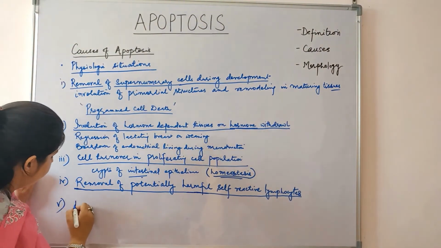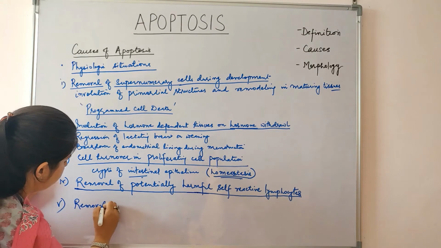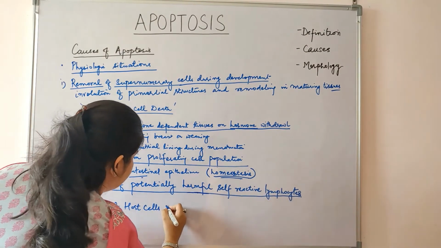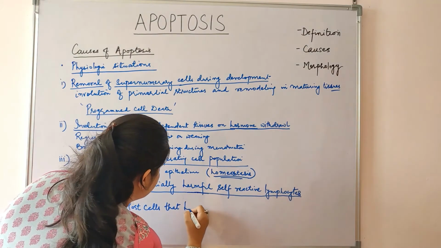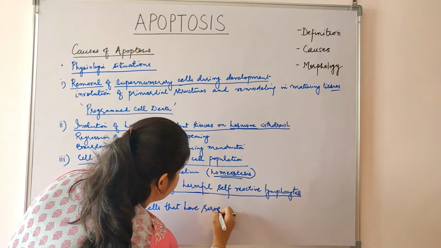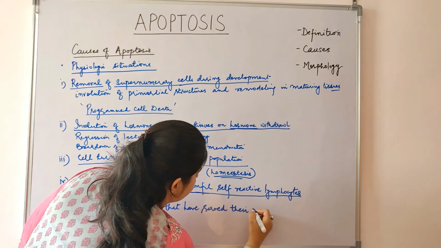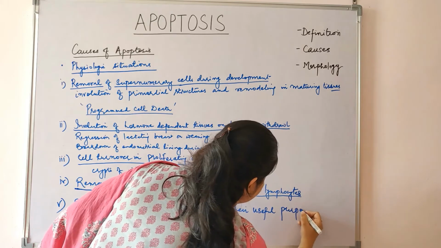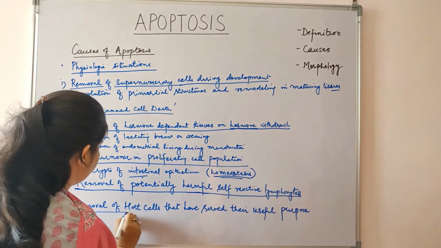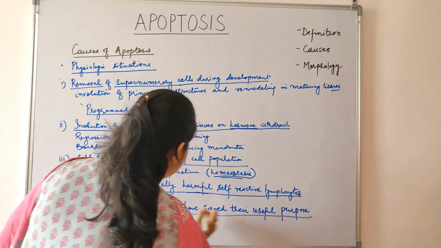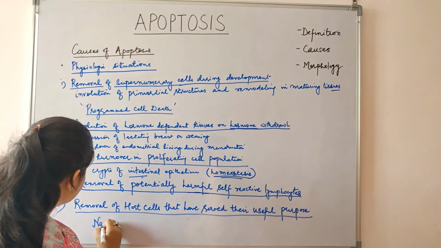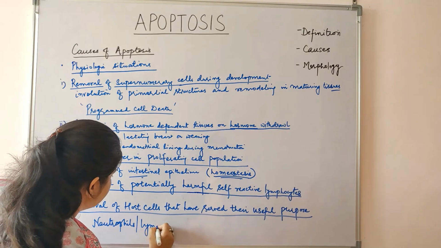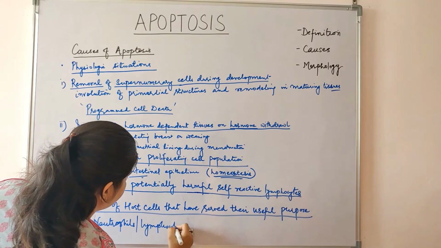Fifth is removal of host cells that have served their useful purpose. For example, neutrophils and lymphocytes: what happens to them at the end of immune response?